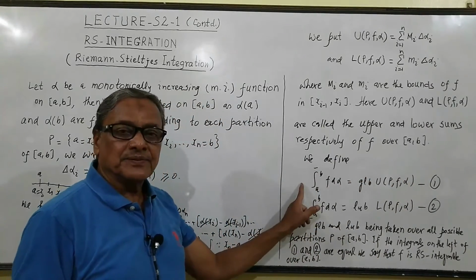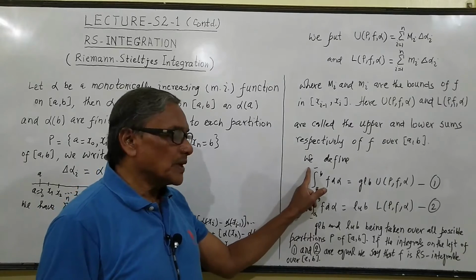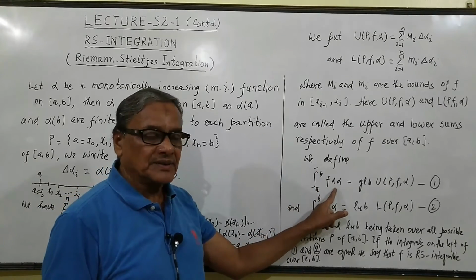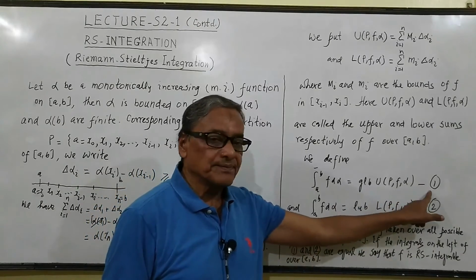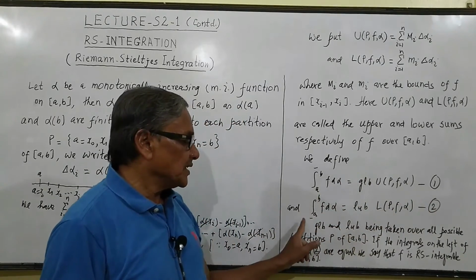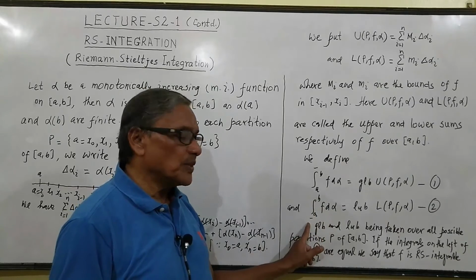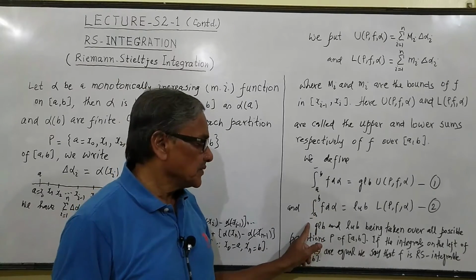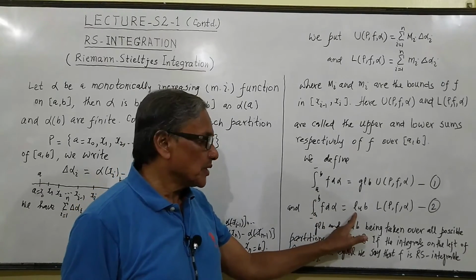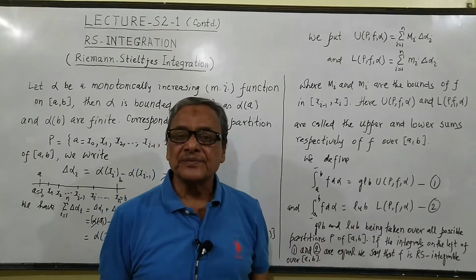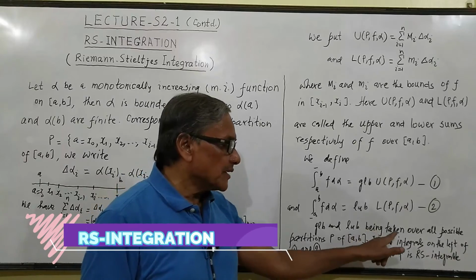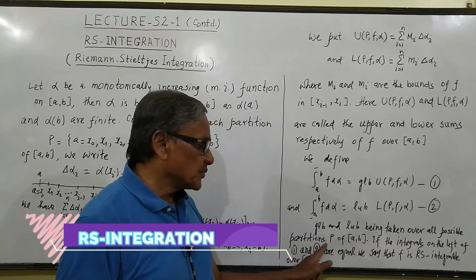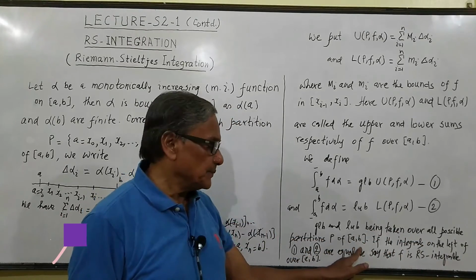We define the integral from a to b of the upper bar f d alpha equal to the greatest lower bound of U(P, f, alpha), point number 1, and the integral from a to b of the lower bar f d alpha equal to the least upper bound of L(P, f, alpha), point 2, where the greatest lower bound and least upper bound are taken over all possible partitions P of [a, b].